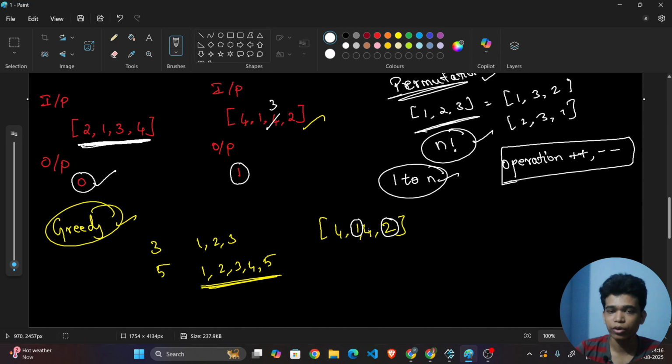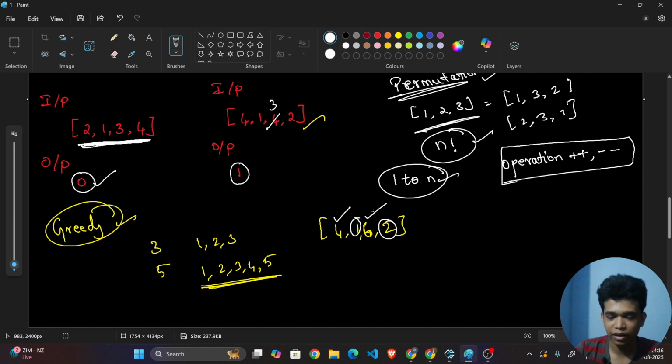For example, if instead of this 4 I have a 6, then 1 is finished, 2 is finished. Now for 3, I would either add only 1 to this 4, or change this 6 into 3. Can you understand this?